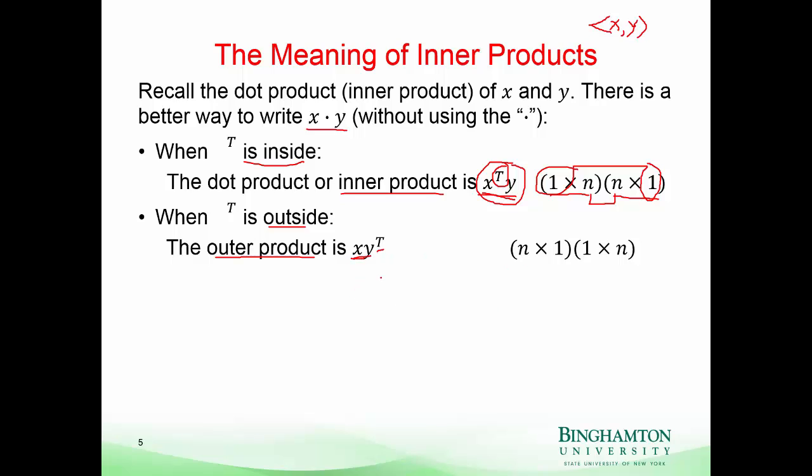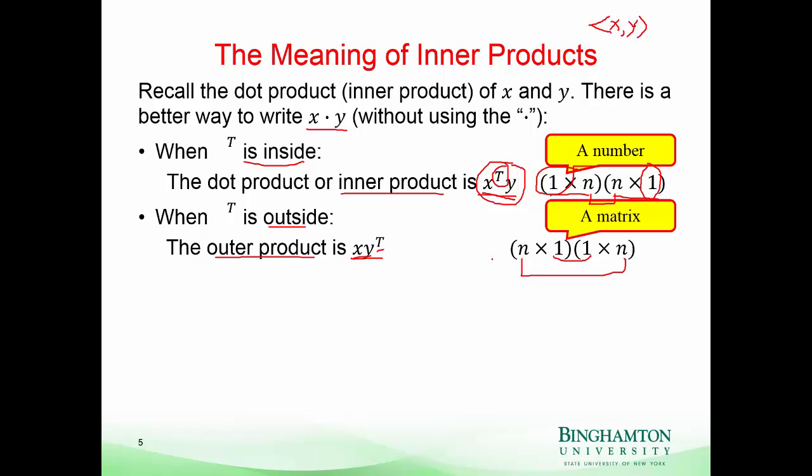So we've got X, which is n by 1. We've got Y transpose, which is 1 by n. So the inner dimensions match, and the outer dimensions give us an n by n. So the inner product gives us a scalar, and the outer product gives us a matrix.